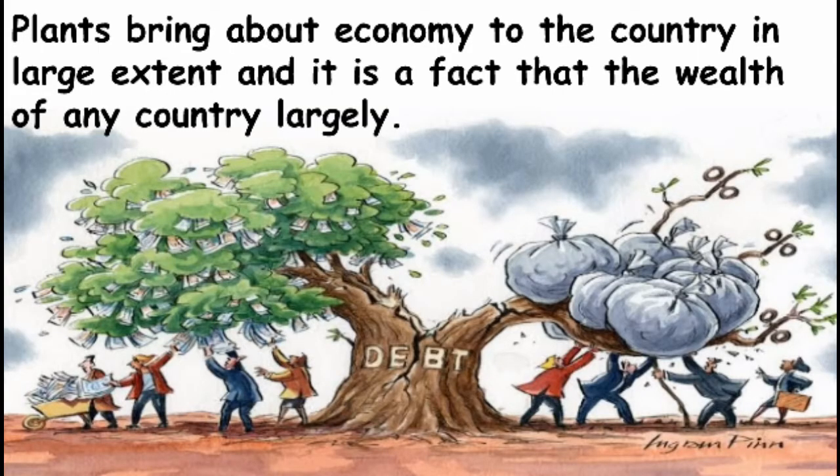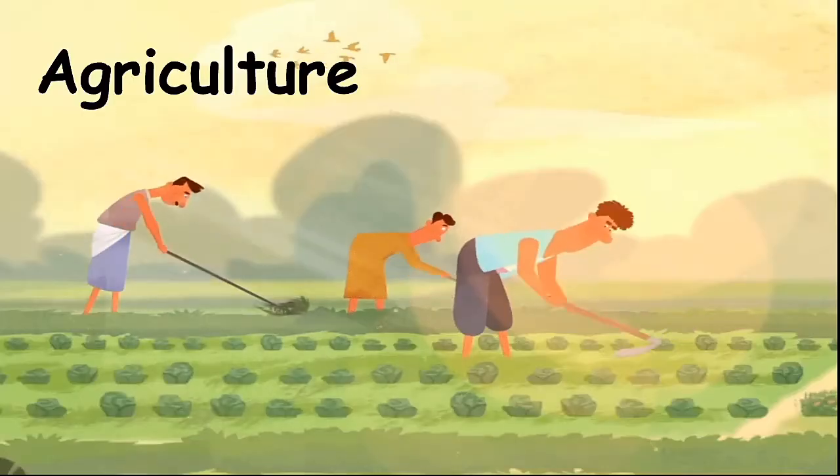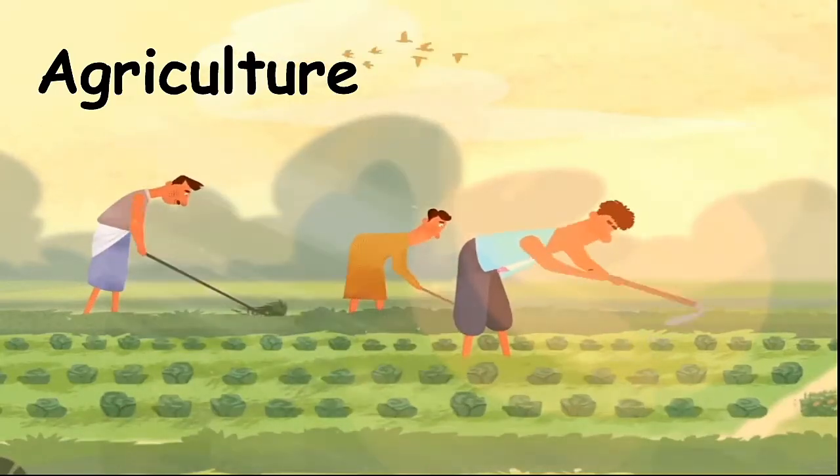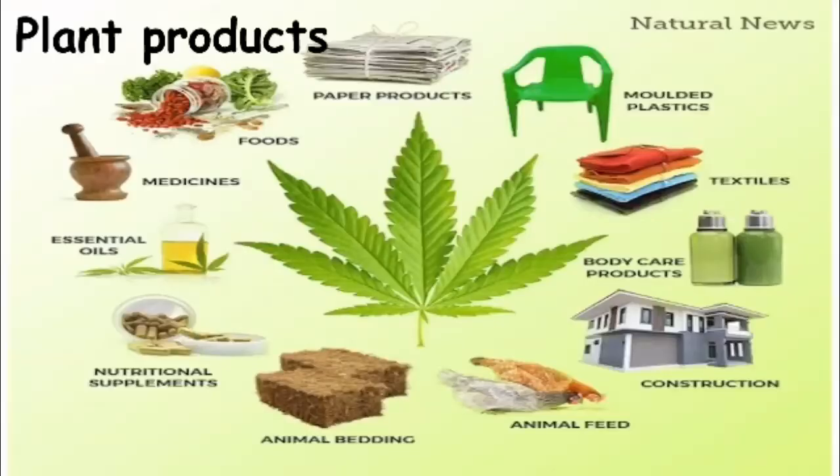Plants bring about economy to the country to a large extent, and it is a fact that the wealth of any country largely depends upon its agriculture and plant products.